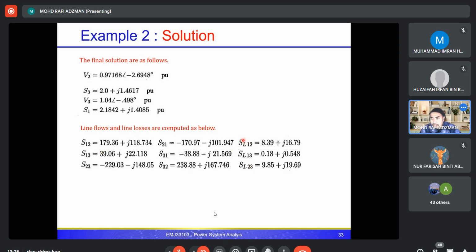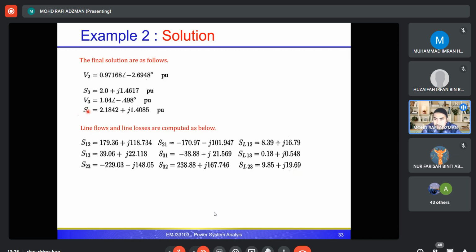So line losses, for example, SL12 is equal to S12 plus S21. SL13 equal to S13 plus S31. SL23 equal to S23 plus S32. So you get these values. Okay. So done for the line flow and line losses.